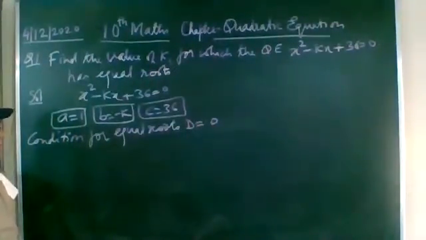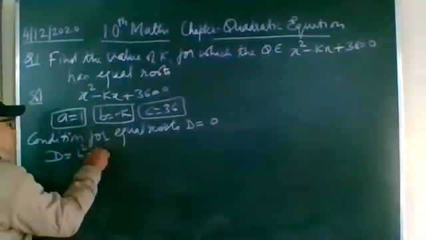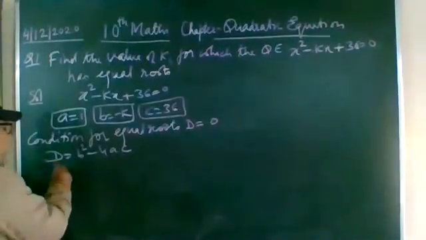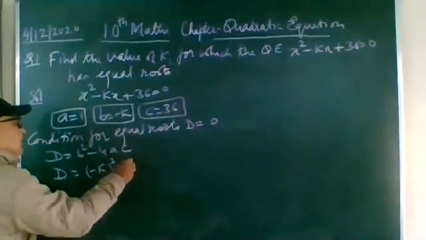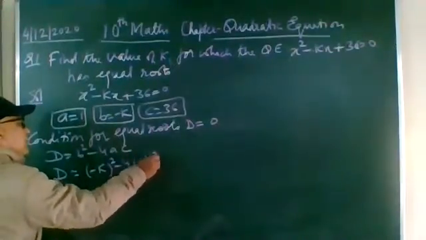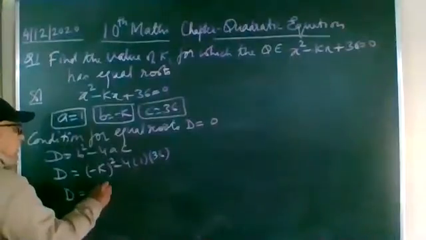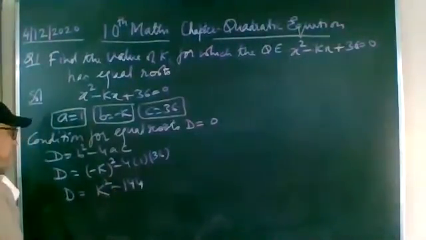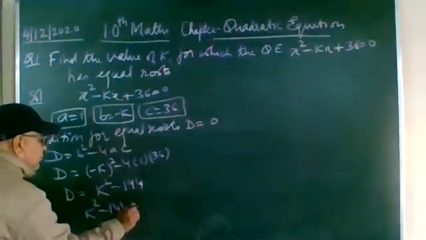D equal to 0. So D is b square minus 4ac. Minus k whole square minus 4 into 1 into 36. D is k square minus 144. You will write k square minus 144 equal to 0.